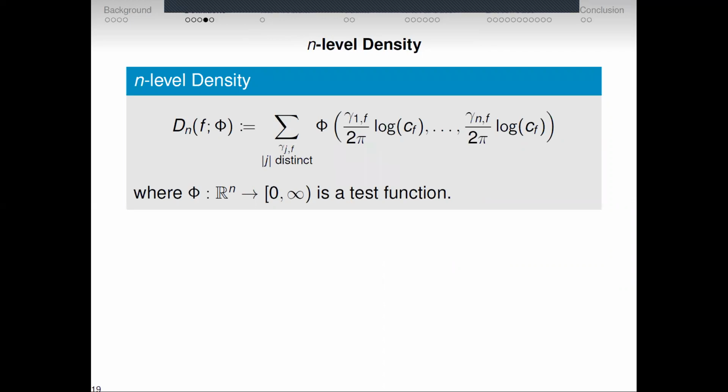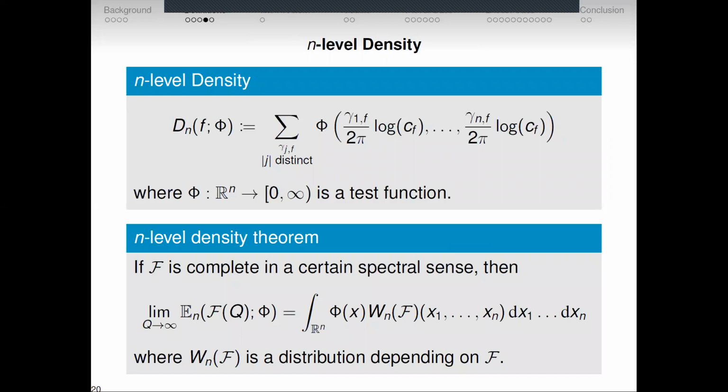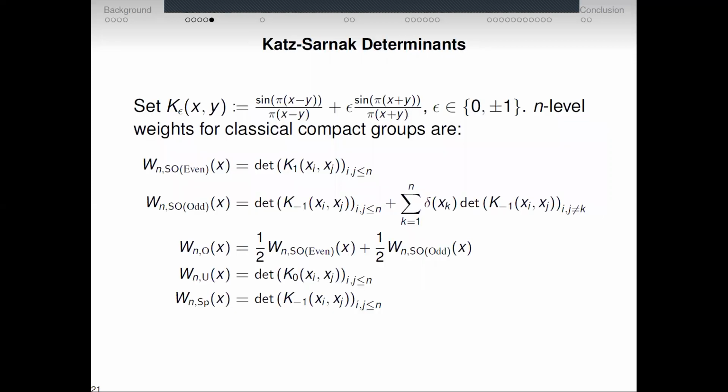If F is complete, then we also obtain the integral against the test function, this time on R^n, with W_n of F being again the distribution. Using the following, we obtain analogous results for weights of orthogonal, special orthogonal, and symplectic groups, this time n-level. Note here that delta is the Dirac delta in its standard interpretation.